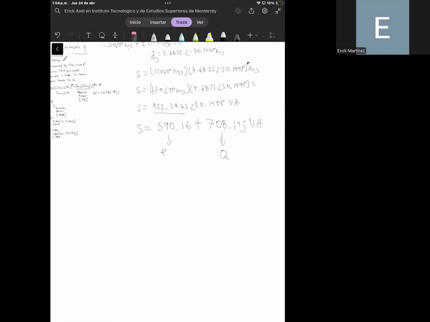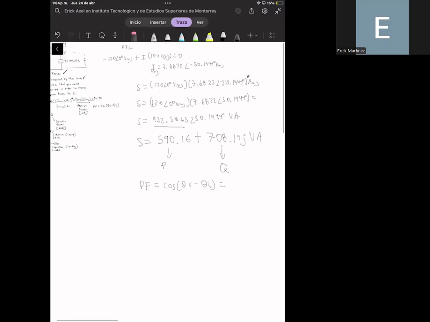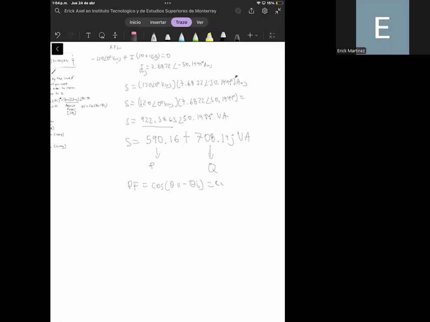And also, if we take the angle of the complex power, remember that the power factor is equal to the cosine of the phase angle difference between the voltage and the current. But we know that this phase angle difference is the angle of the complex power, that in this case is the cosine of 50.1944 degrees.